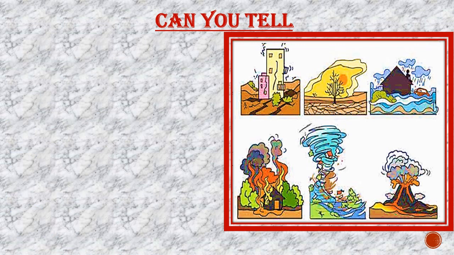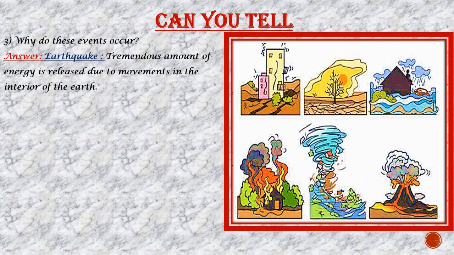Now students, the third question, why do these events occur? Earthquake occurs due to a tremendous amount of energy which is released due to movements in the interior of the earth. Drought is a situation where rainfall is less than average.